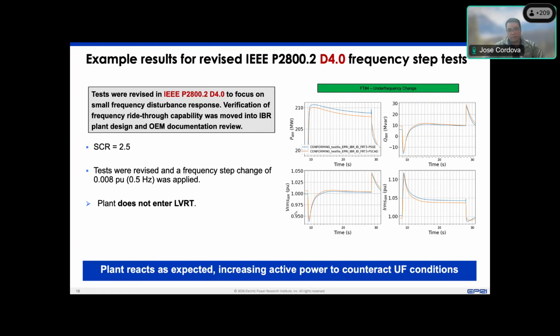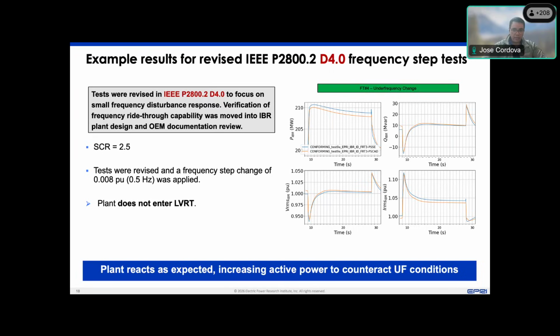So if you see here on the right, the difference is that the plant does not go into low voltage ride-through. So the plant reacts as expected and increases the active power to counteract those under frequency conditions to this test, where the frequency step change actually was a little bit smaller.